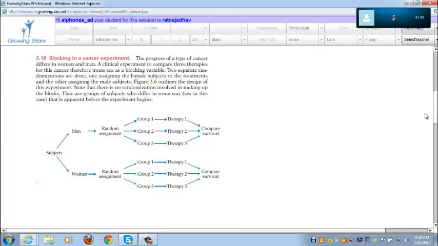Yeah, that is that section. Now, yeah, we'll do some problems.